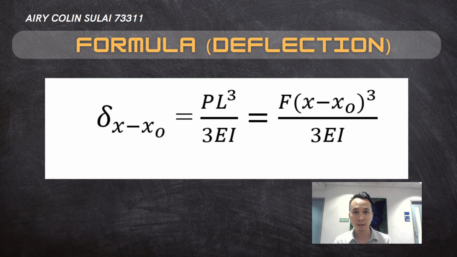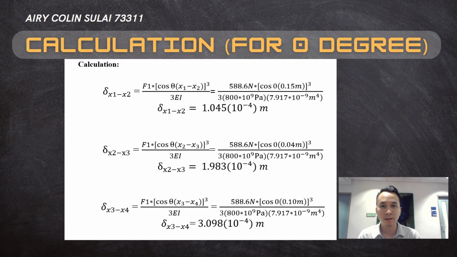This is the formula that we're going to use to calculate the deflection, which is deflection equals PL cubed divided by 3EI. As for the calculation for 0 degree, which is the flat spike shoe, we divided the spike shoe into three sections.